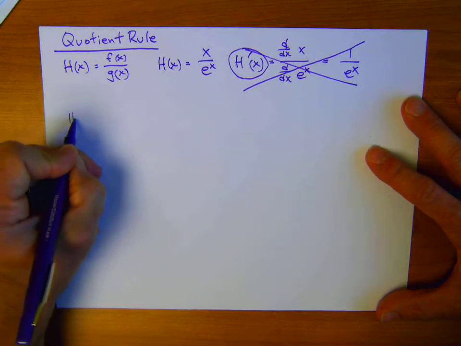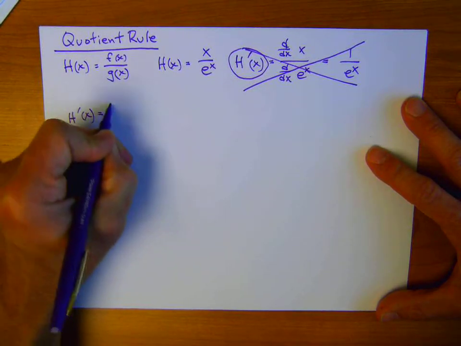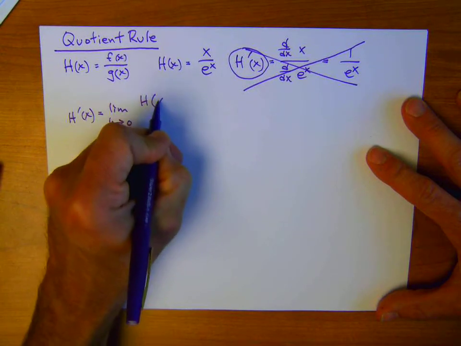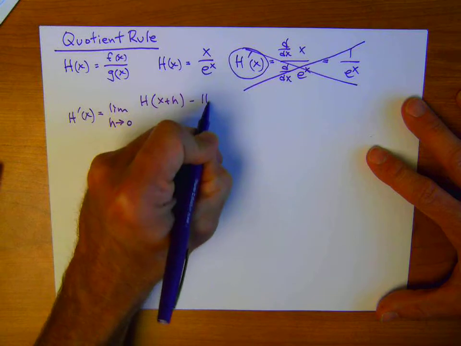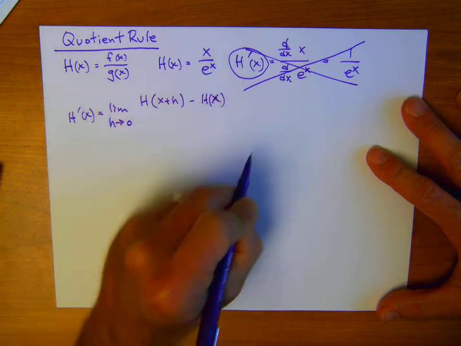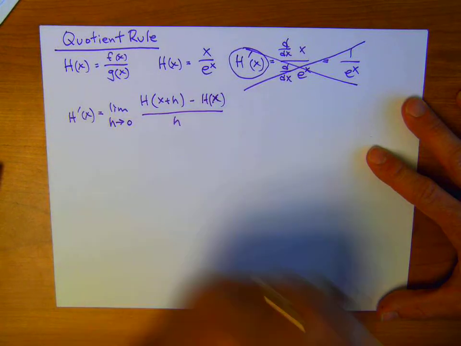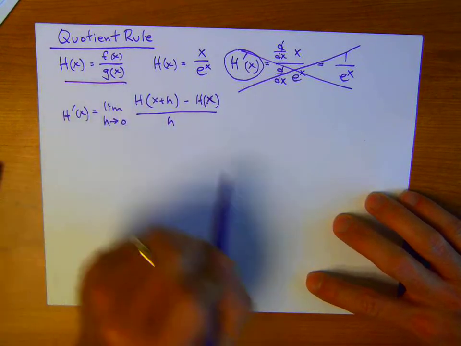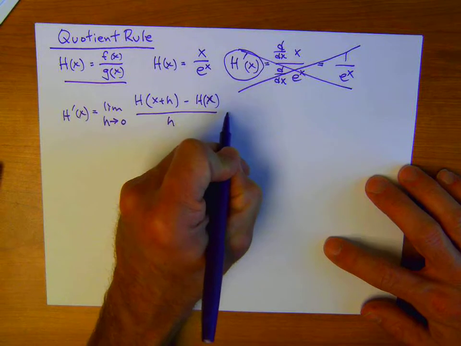So h prime of x is the limit as h goes to 0 of h of x plus h minus h of x over h. But this right here is how we've defined h of x. So let's just rewrite that then.